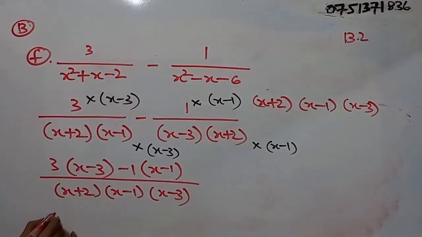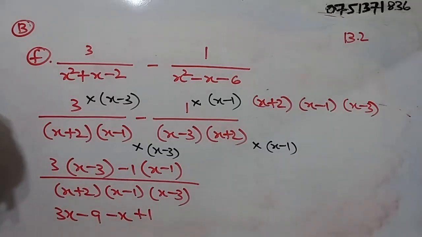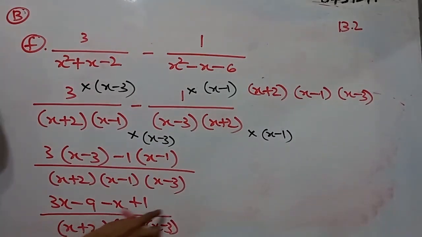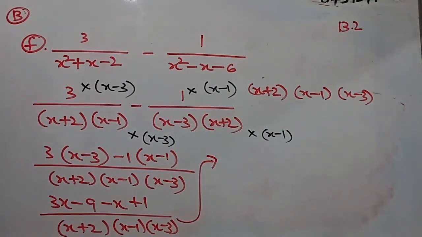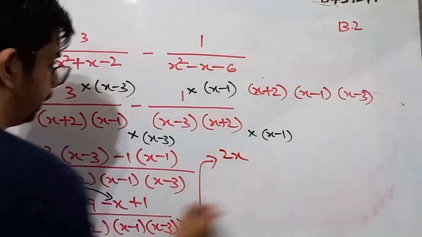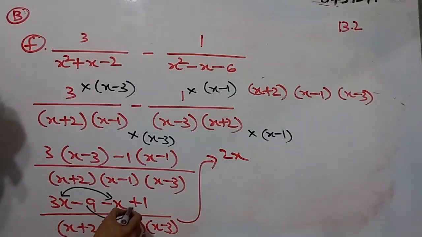So we can simplify the brackets. 3x minus 9, negative x plus 1. Okay. So here we have this entire expression needs to be divided by x plus 2, x minus 1 and x minus 3. Right. So we can continue over from here. So we can simplify some of the terms here. So here we have 3x and x. So what should be the outcome? It should be 2x, right? Then we have these two numbers, negative 9 and plus 1.